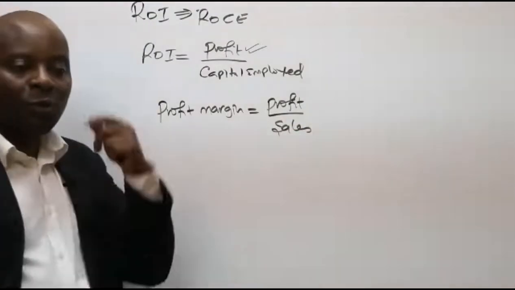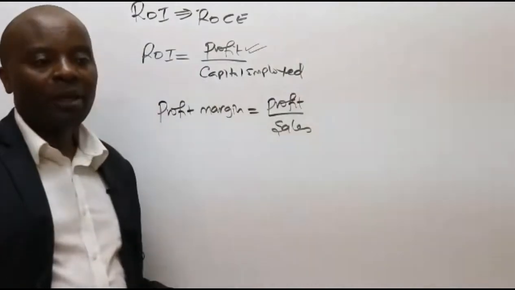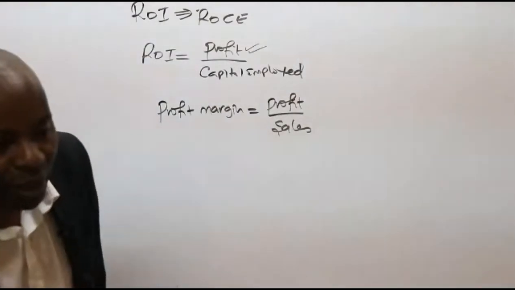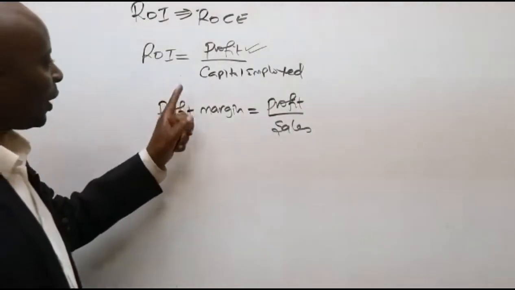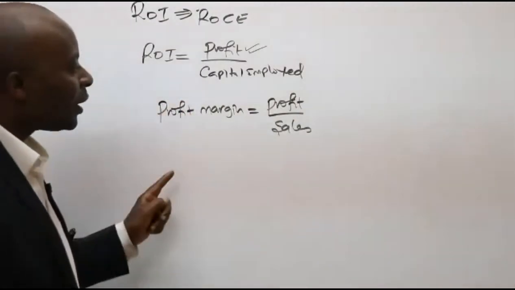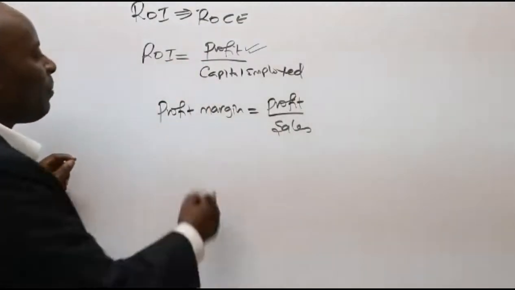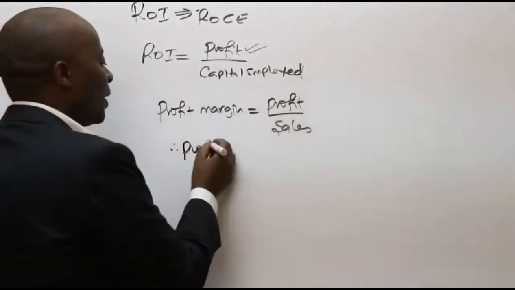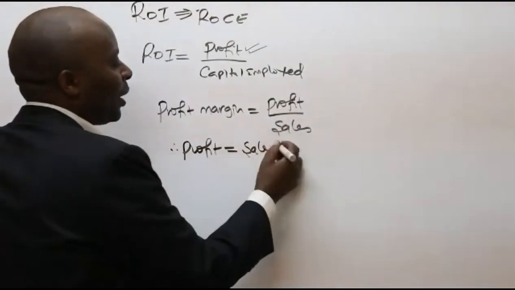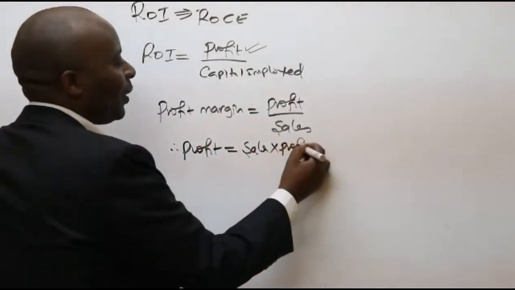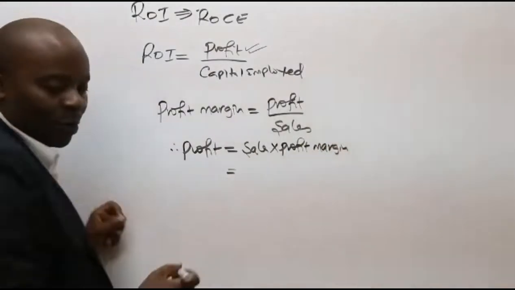We have the profit margin and the profit markup. Now that he never gave us profit, we have to look for it ourselves. So my profit, if I make it the subject of the formula, will be sales times the profit margin.